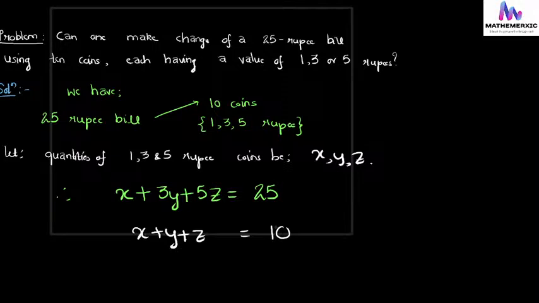Only 10 coins we are having. So let us say 2 coins we're taking for 5. Then let's say 4 coins we're taking for 5, which is 20, and 20 plus 5. Let us say 3 coins we are taking for 5, so it's 15.